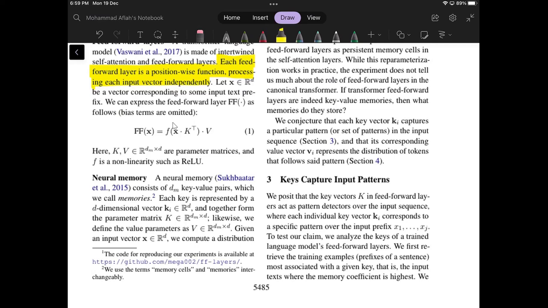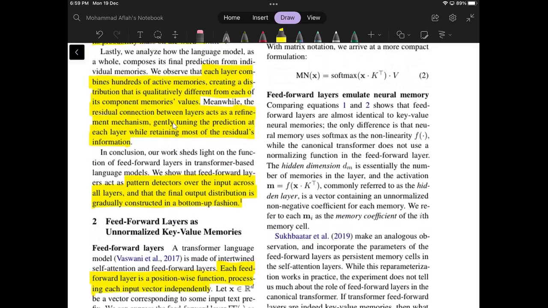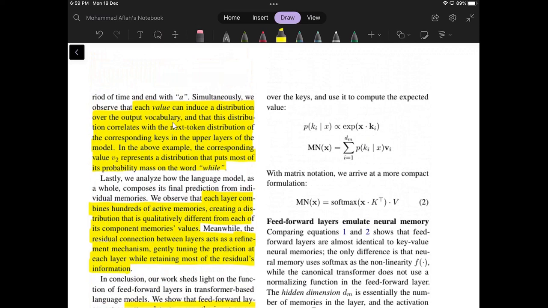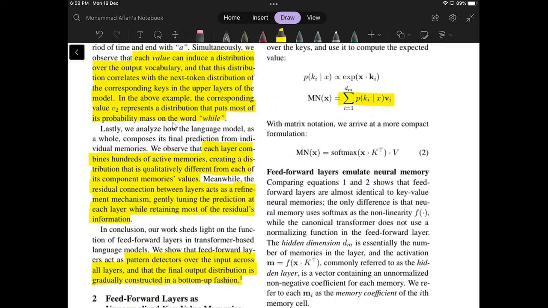So given an input vector x belonging to the d-dimensional real space, we compute a distribution over the keys and use it to compute the expected value. So you get this distribution over the keys, and then you scale the values with that. And by converting this into terms which are more familiar, you get this formulation.